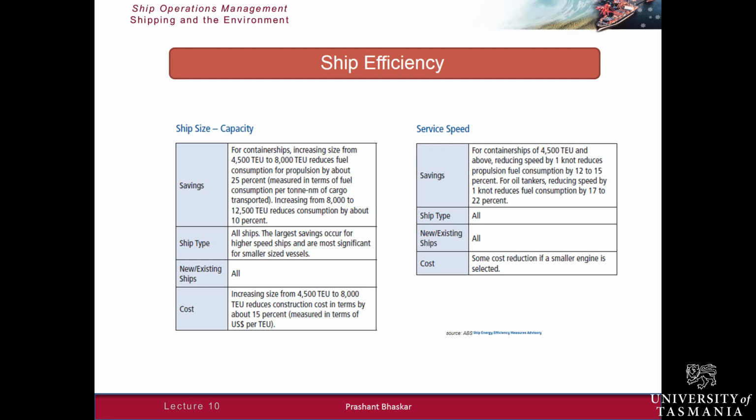So you can see that even existing ships, even though they are not meant to comply with the energy efficiency index, through operational means can reduce the fuel consumption and hence the air emissions, the harmful air emissions.